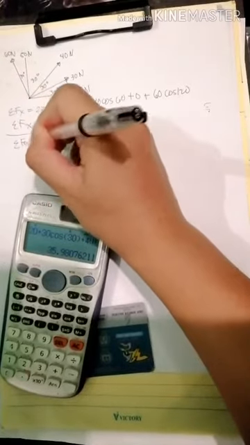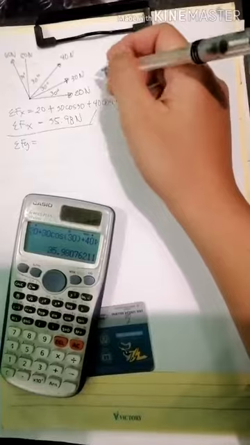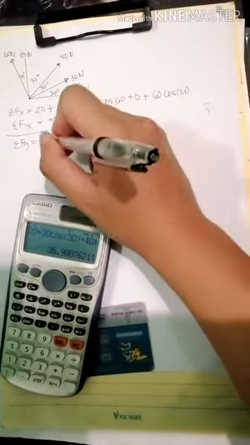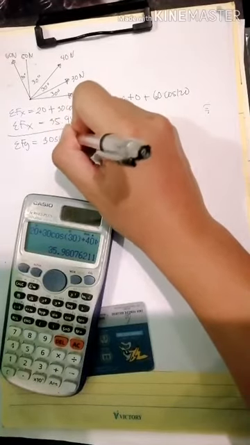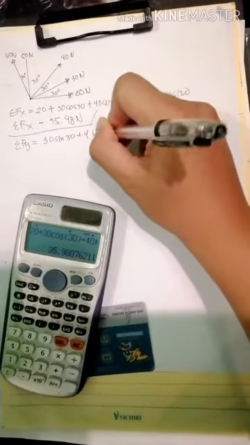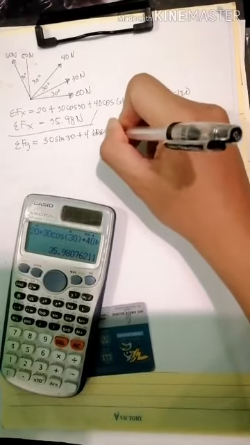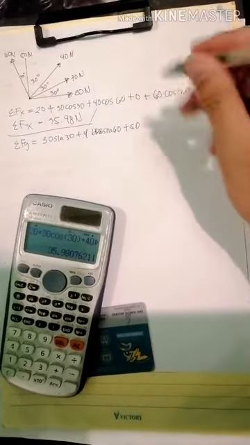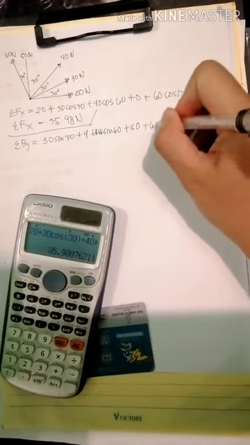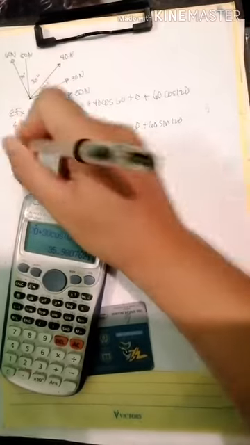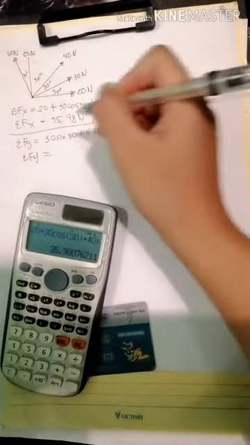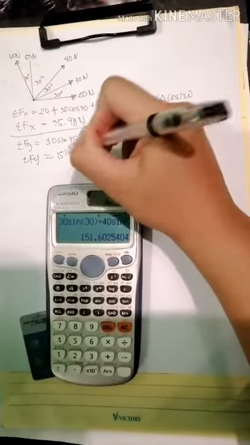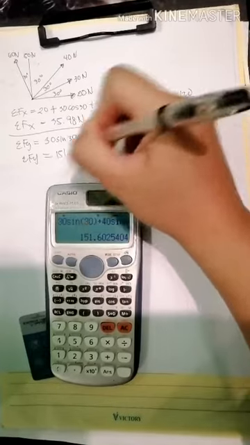Summation of y naman is 20 sine 0 is 0. So, wala na yung 20. 30 sine 30 plus 40 sine 60 plus 50 sine 90 is 1. 50 na lang yan plus 60 sine 120. Summation ng y is equal to, the answer is 151.60 Newton.